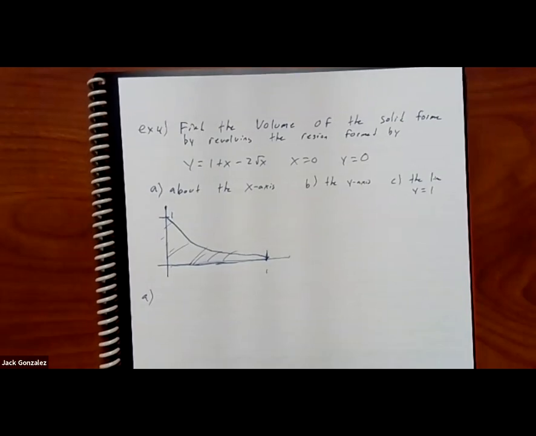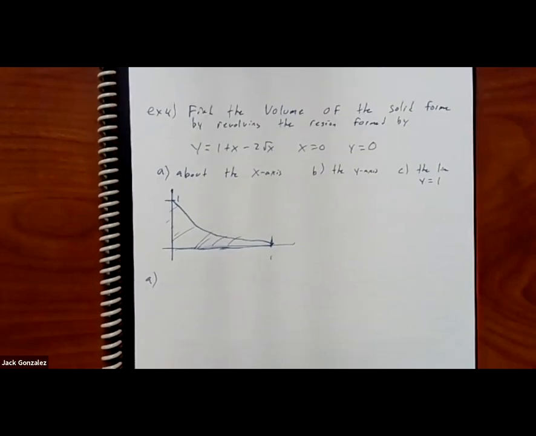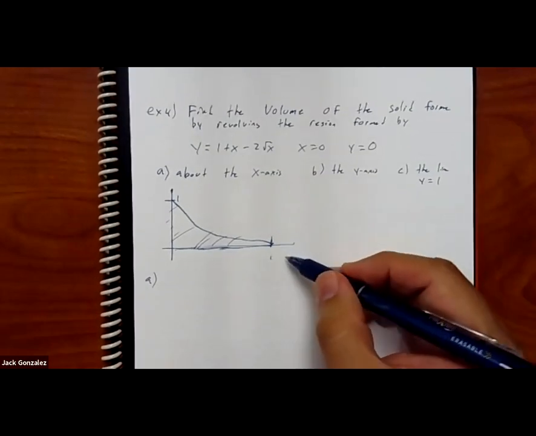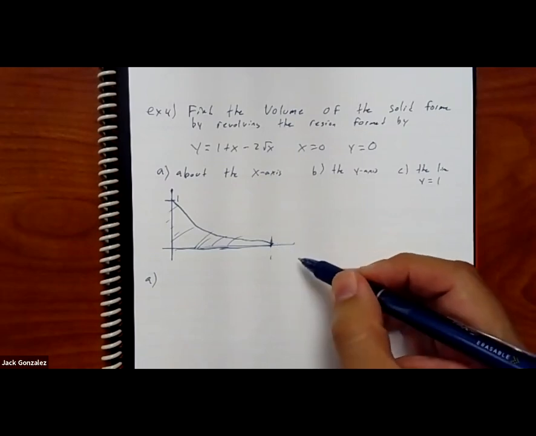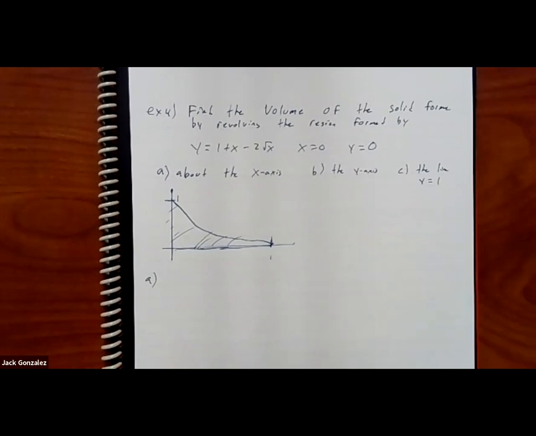So if I'm rotating about the x-axis this way, what method would be easier, shell, disk, or washer? Should be a disk, right?